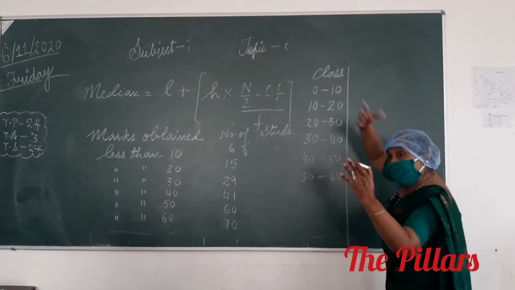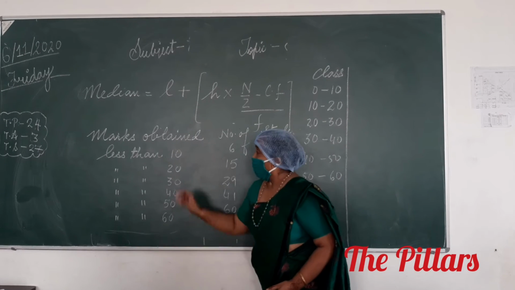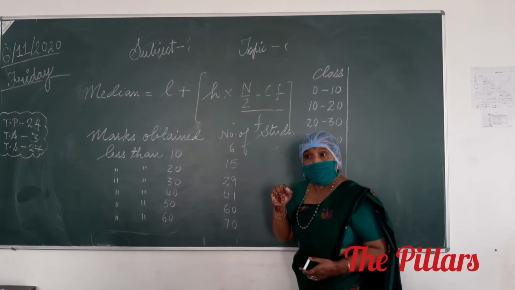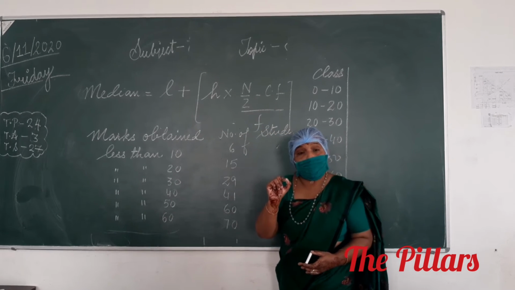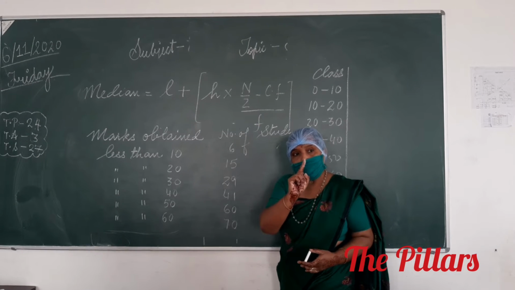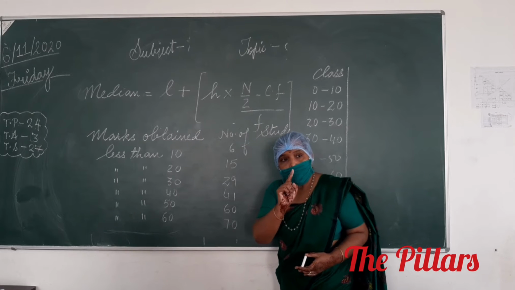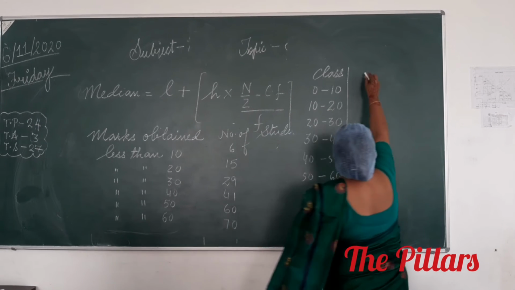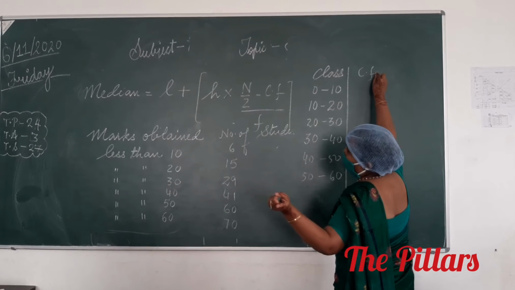But if the question is less than 10 or less than 20, more than, then this frequency is your cumulative frequency. Out of this cumulative frequency, you have to find out frequency. Clear? So make a column of cumulative frequency.